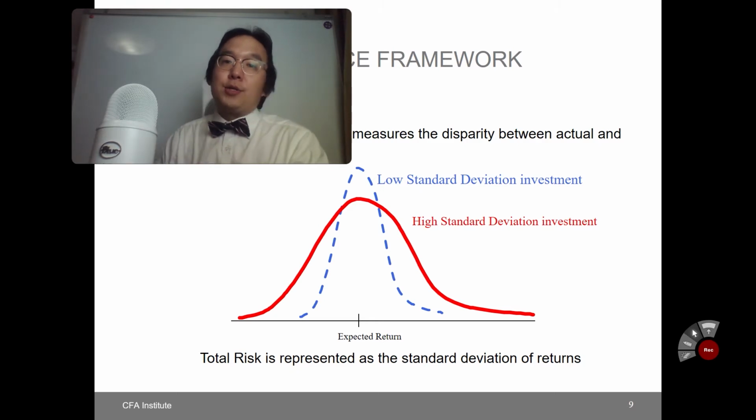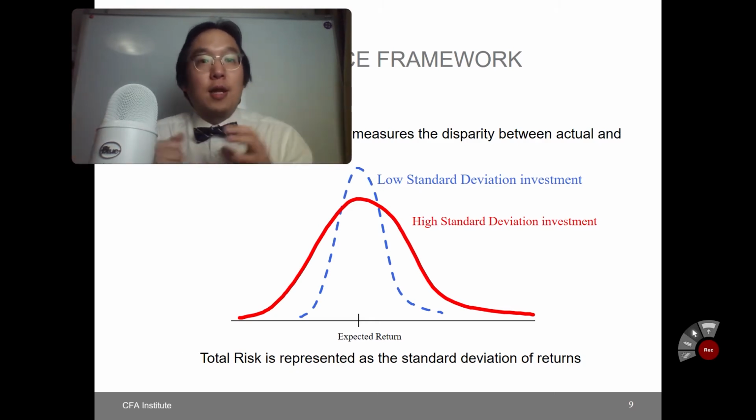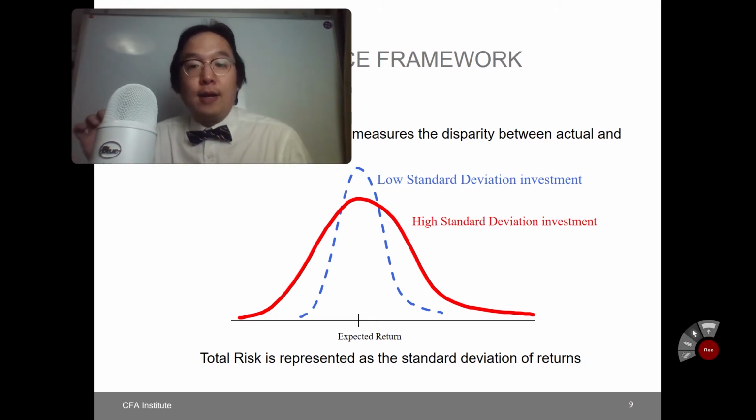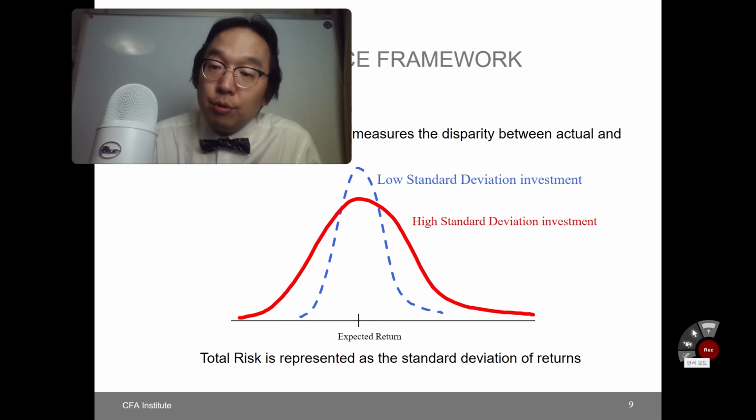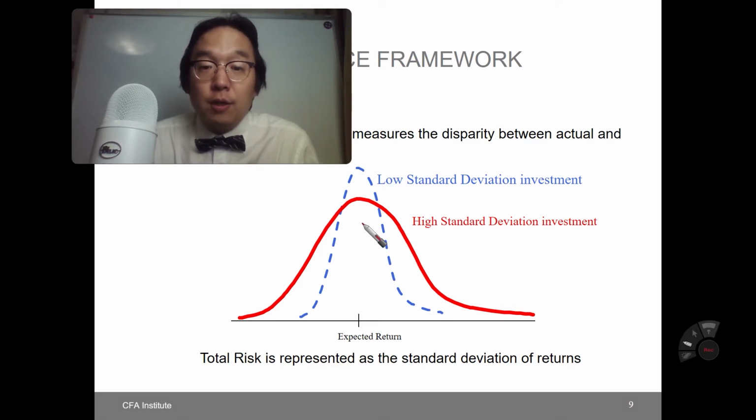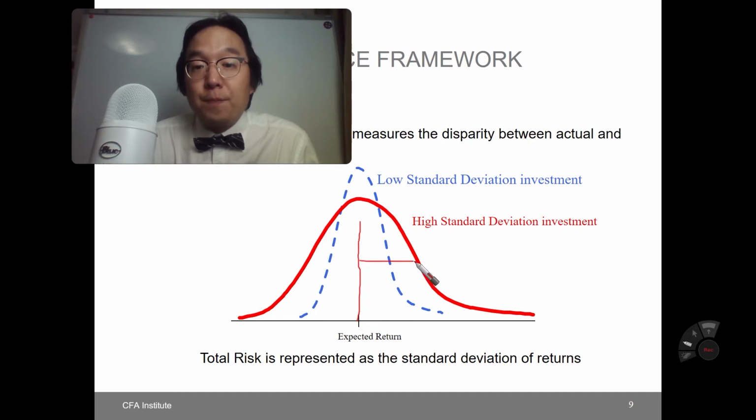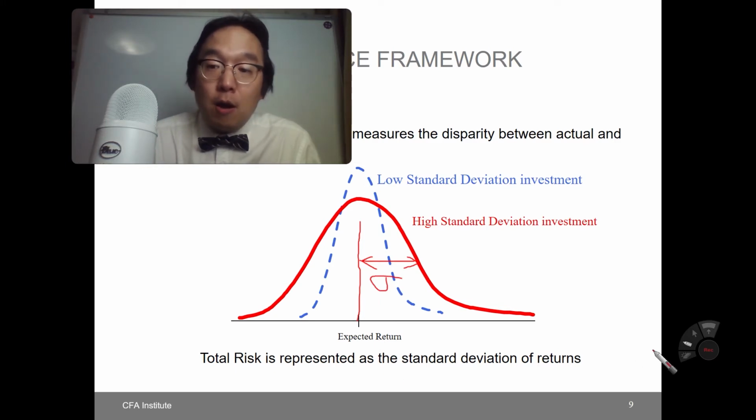So the total risk of the red stock is going to be the standard deviation, for example, over here. Familiar?